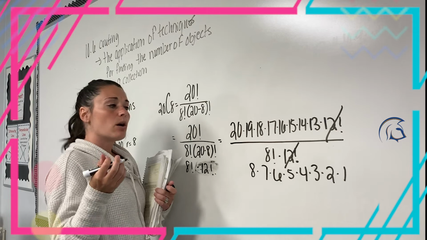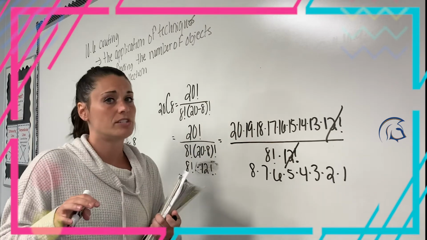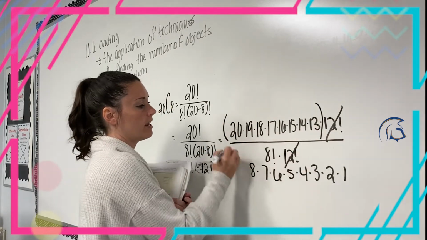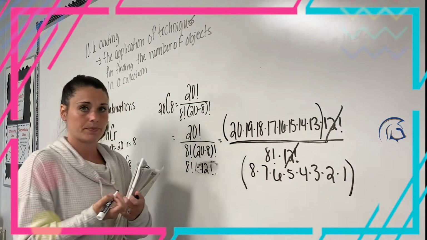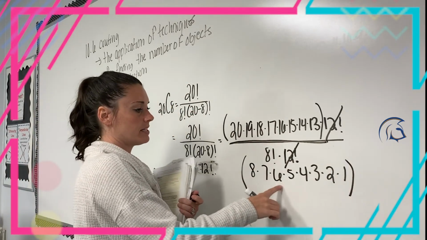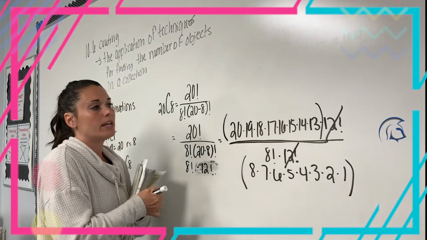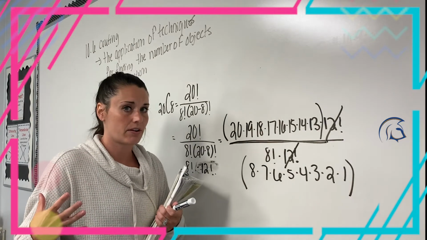And you can get that total, or if you're doing it in your calculator all in one, you need to use parentheses, okay? So you would say this, and then divided by parentheses that, 8 times 7 times 6 times 5 times 4 times 3 times 2 times 1, okay?